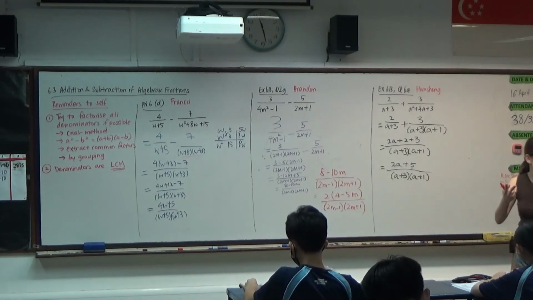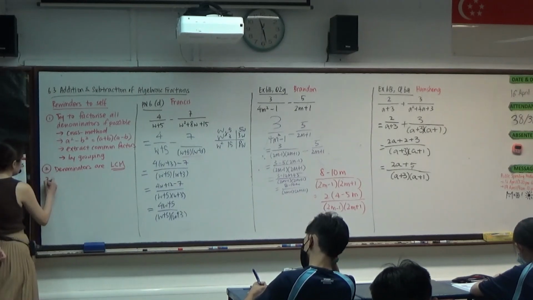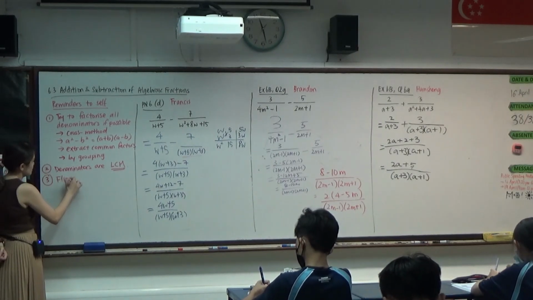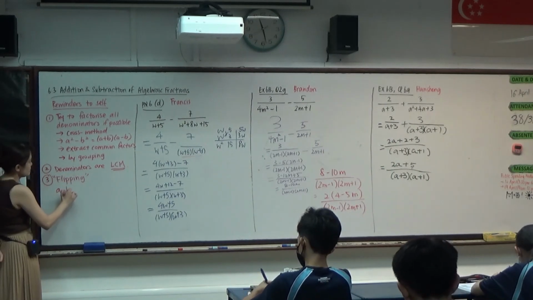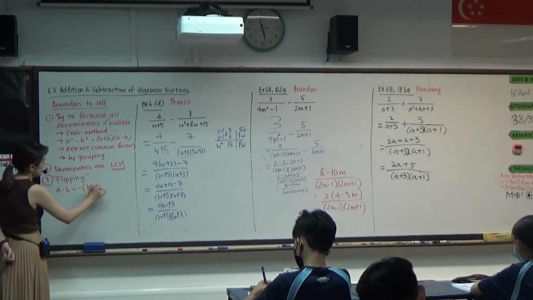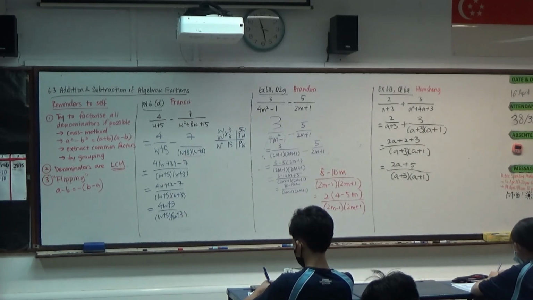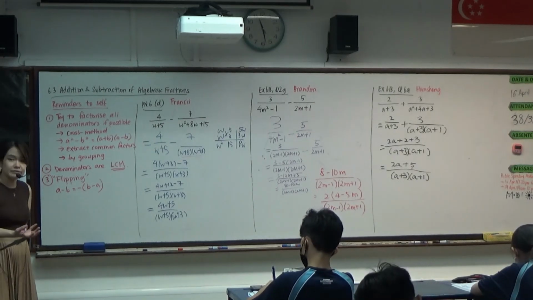The flipping. So another thing that we have done is the flipping idea. Maybe I'll just write it as a minus b equals negative (b minus a), if I want to flip. Yes, Kate? Check whether the final answer can be further factorized.